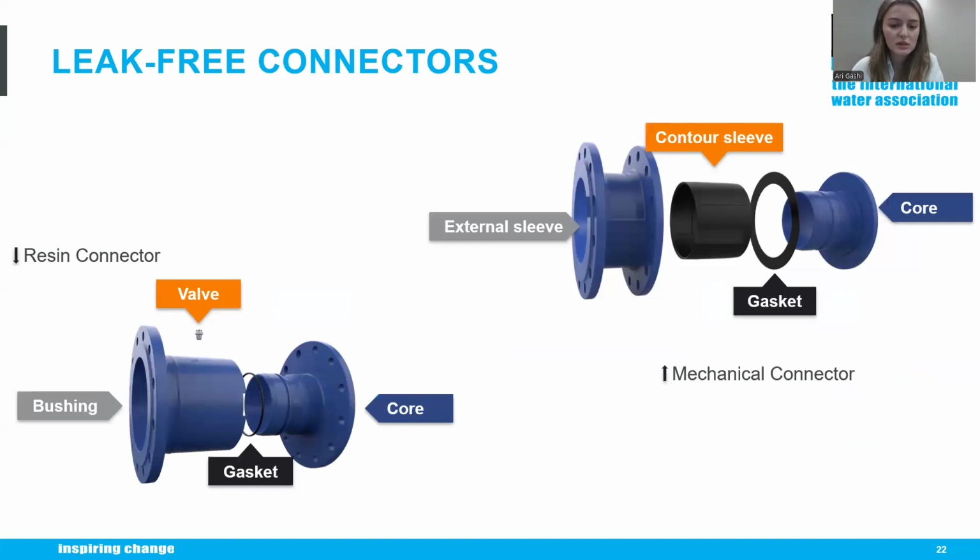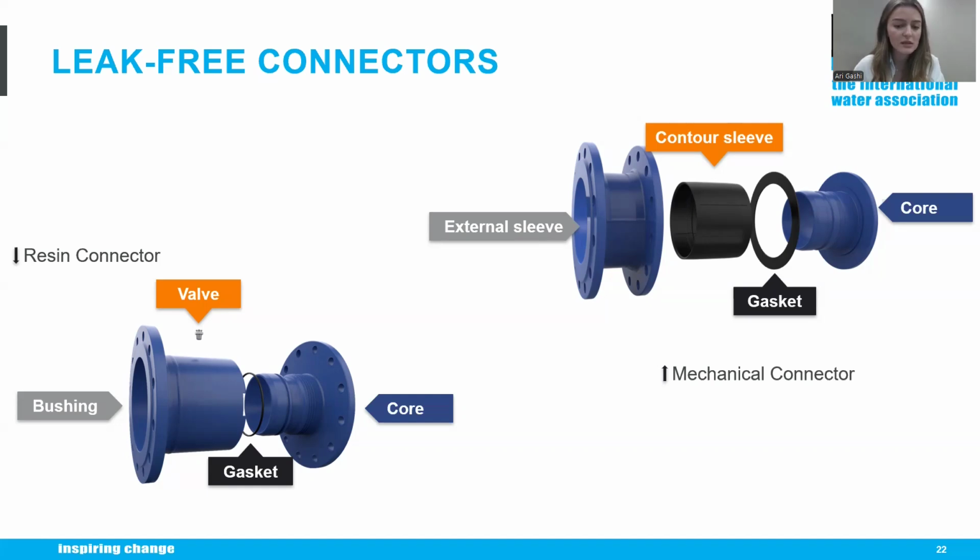And in this cross-section, this gives you a better understanding of how our connectors actually work. The connectors consist of several individual components that work together. Sealing elements prevent leakage, of course, while the core and external sleeve securely clamp the liner between the connector.